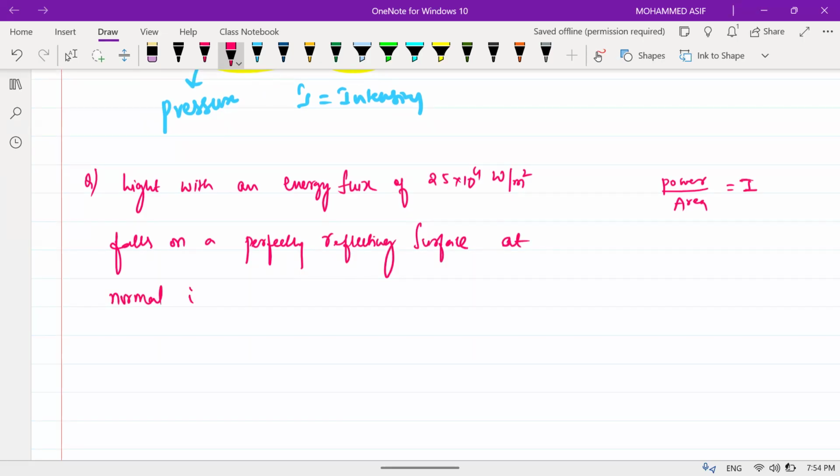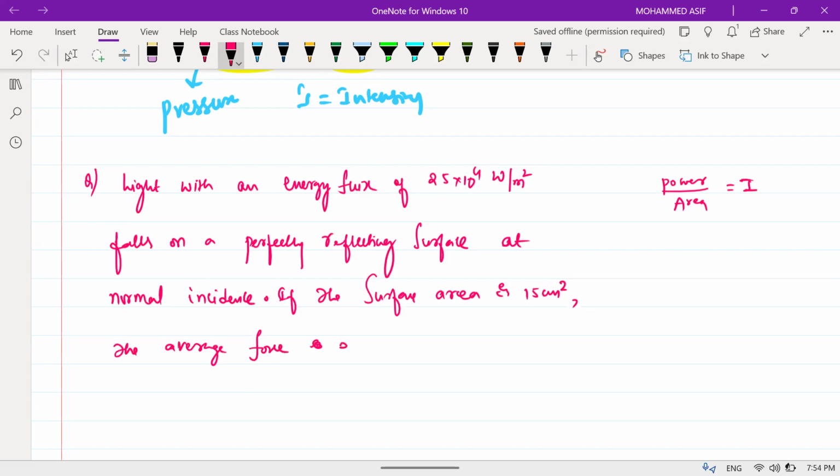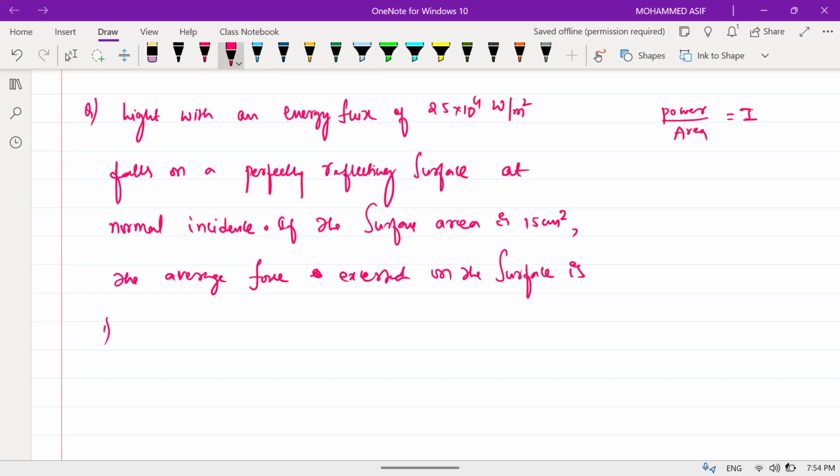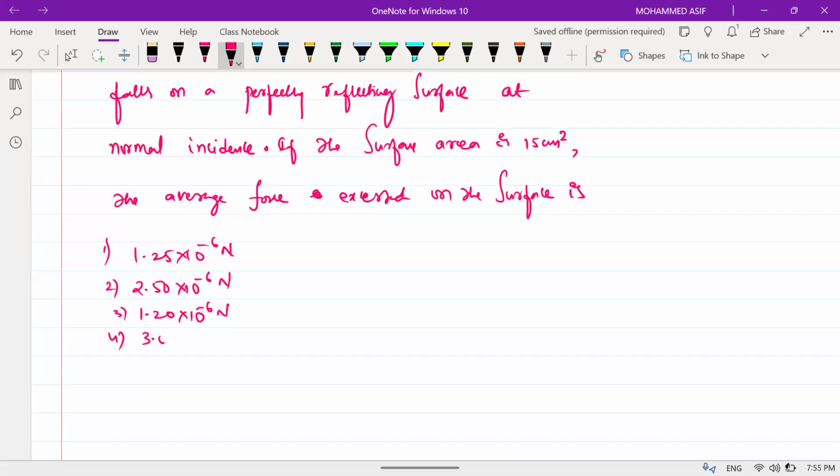If the surface area is 15 centimeters square, the average force exerted on the surface is: first option 1.25 into 10 to the power of minus 6 Newton, second 2.50 into 10 to the power of minus 6 Newton, third 1.20 into 10 to the power of minus 6 Newton, and fourth 3.0 into 10 to the power of minus 6 Newton.